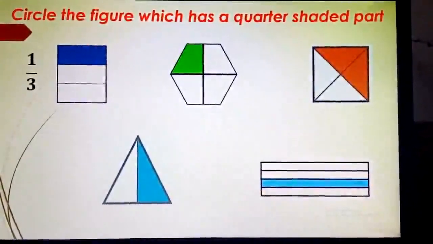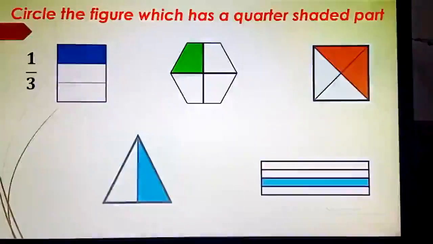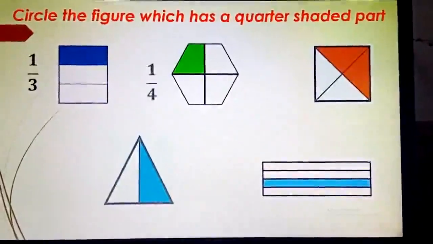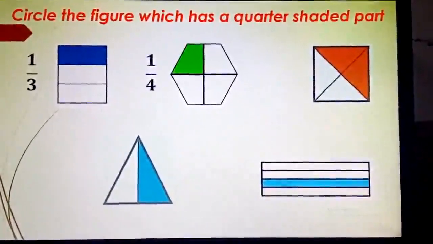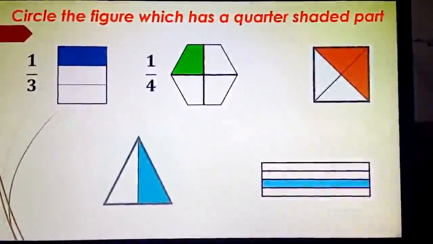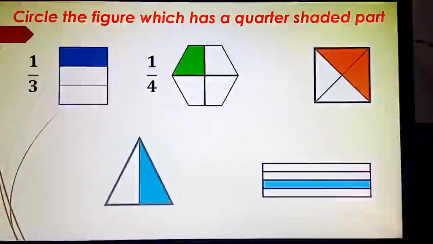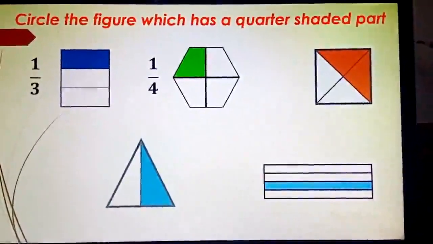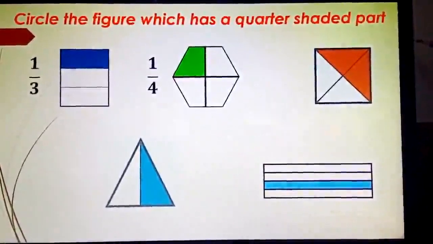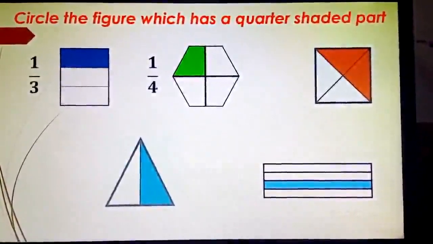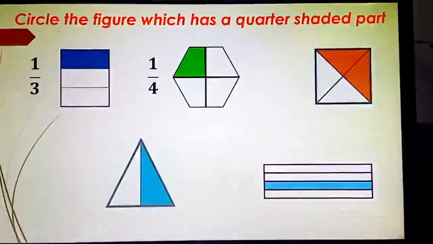Okay. The second shape, 1/4 fraction here. 1 is the colored part, 4 is the total parts. So the fraction is 1/4.